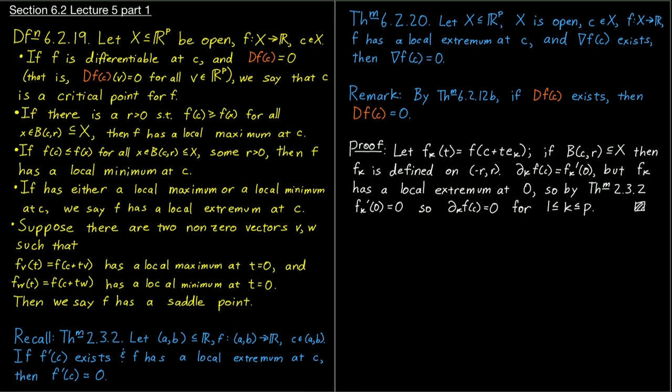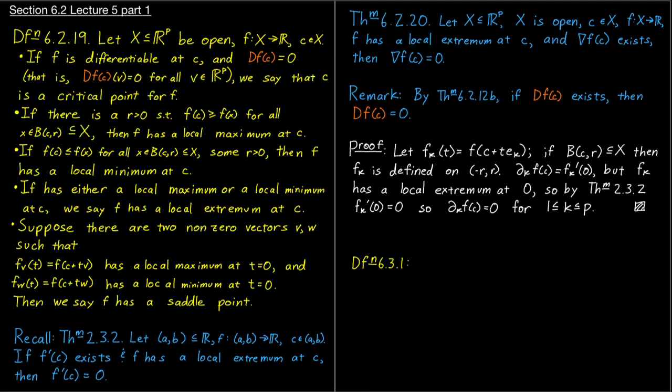In the next video, we are going to talk about the analog to the second derivative test. You may remember that if you're at a critical point and your second derivative is positive, you're a local minimum. If your second derivative is negative, you're a local maximum.